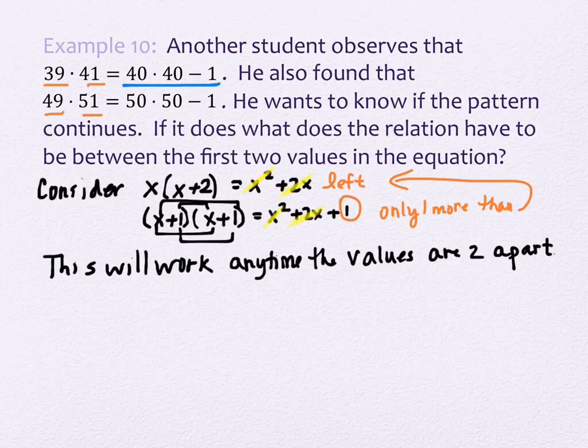Now notice, or you might ask yourself, well, is there something special about the 2 apart? Could I have them say 6 apart and split the difference halfway? And the answer is you could, but it wouldn't be only one more. There would be another factor at the end, and you could figure it out in the same way. Now this question is not exactly posing that, but it could be phrased just slightly differently, and it would. So like, let's say that the numbers were 6 apart. You'd have to look at what this value looks like, and you'd have to compare it to the value that's halfway in between, which would be x plus 3 times x plus 3.